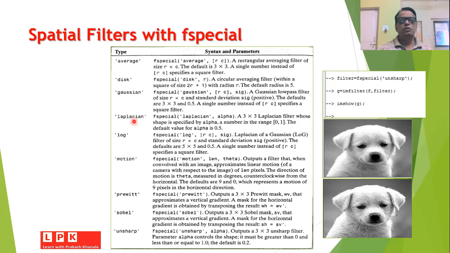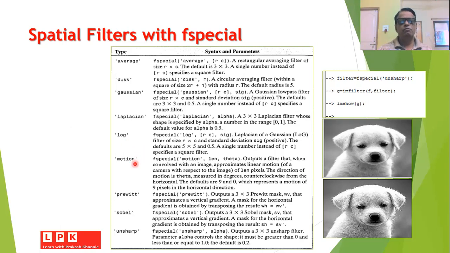Then we can make use of the Laplacian filter, where the shape is specified by alpha, and alpha is always in the range of 0 to 1 and the default value for alpha is 0.5. We can make use of log as the Laplacian of Gaussian filter.